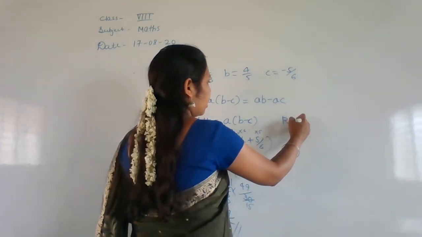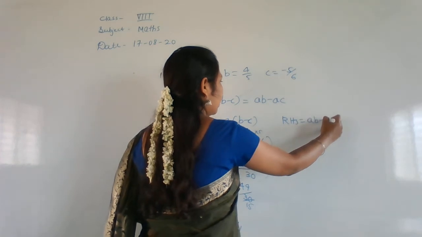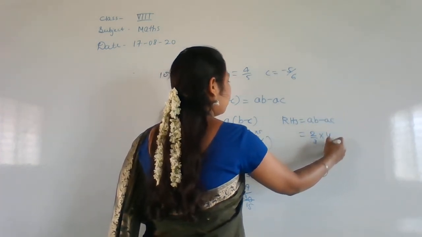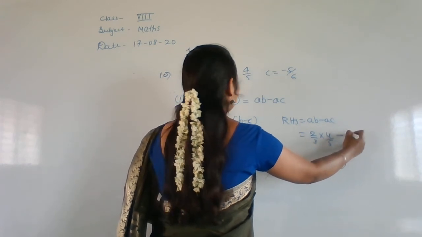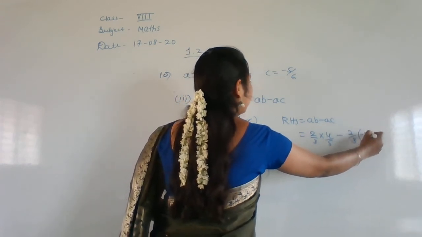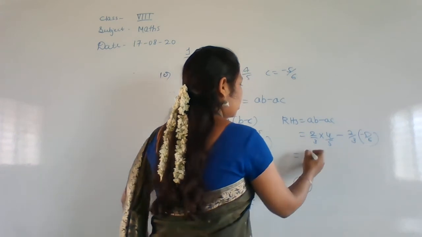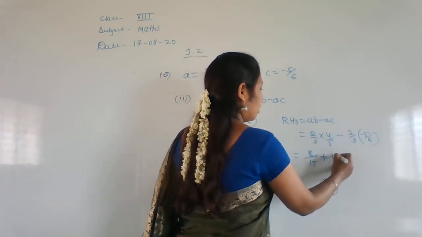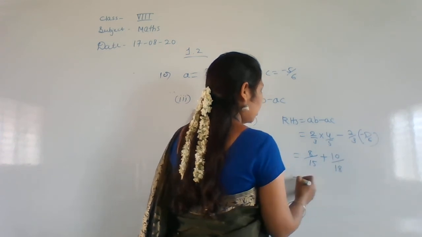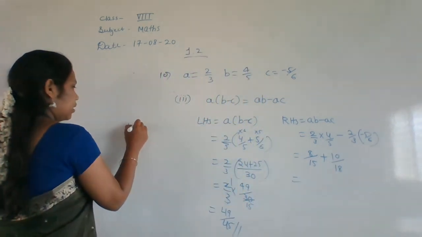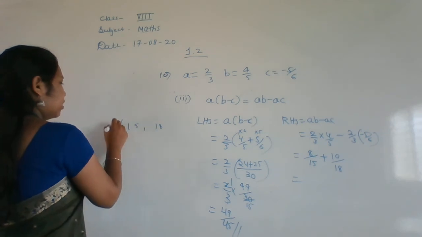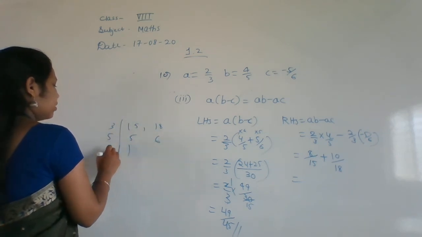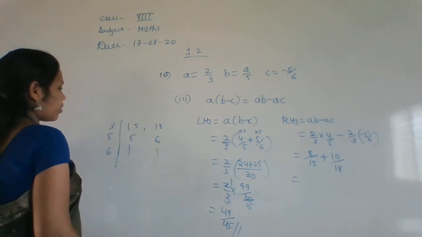Now take the RHS value, that is AB minus AC. A is 2 by 3 and B is 4 by 5, minus A is 2 by 3 again and minus 5 by 6. Here 8 by 15 minus into minus plus 10 by 18, and take the LCM now, that is 90. 15, 18: 3 5s are, 3 6s are, 5 1s are, 6 1s are.